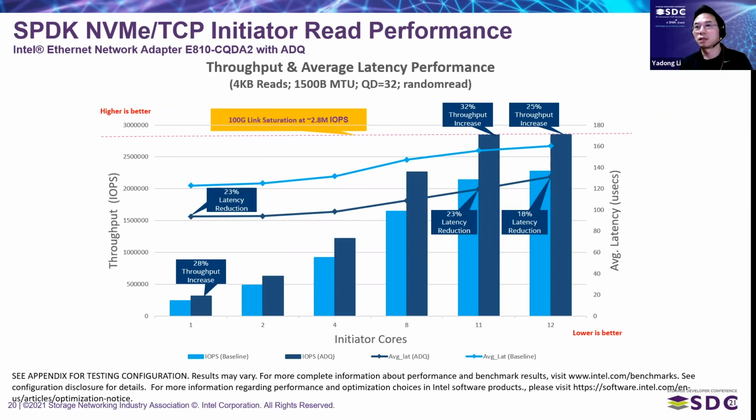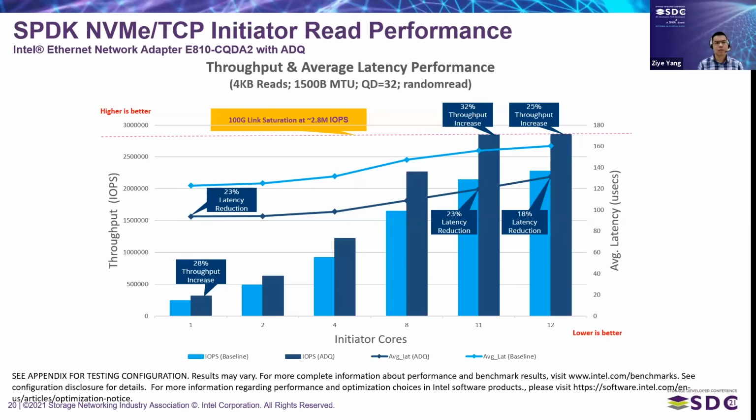And at 11 cores test, ADQ saturates the 100 gig pipe with about 2.85 million IOPS, and it shows 32% throughput increase compared to the baseline data, right? At the same time, it can still show 23% latency reduction. So this is a very significant improvement.